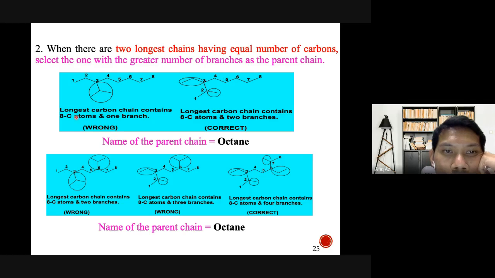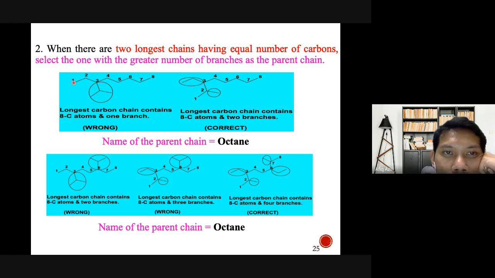But this is stated to be wrong because there is only one branch. Whereas for this, there are two branches. You have one, you have two over here. So always select the longest chain that has the greater number of branches as the parent chain.